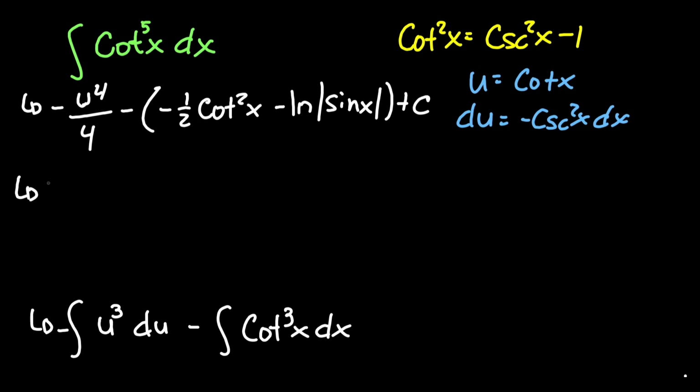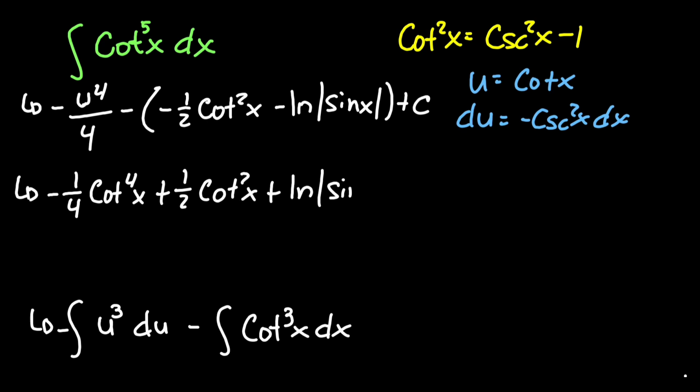Thus, the final answer here would be equal to negative 1/4 u, here cotangent to the power of 4 of x, plus 1/2 cotangent squared of x plus the natural log of sine of x plus c.